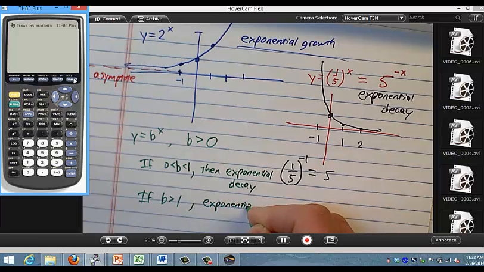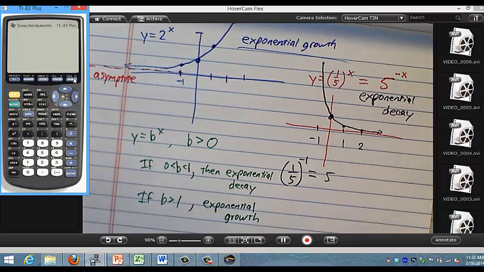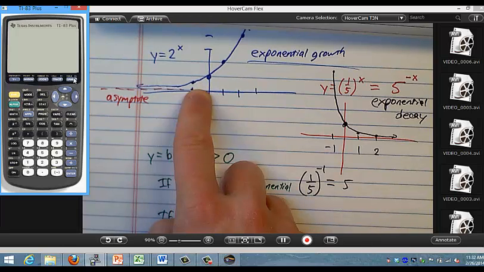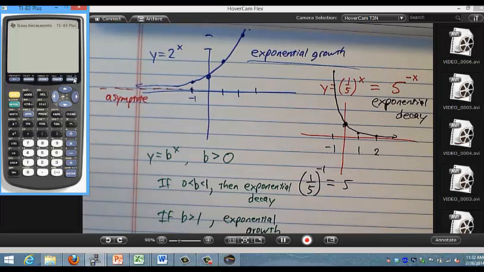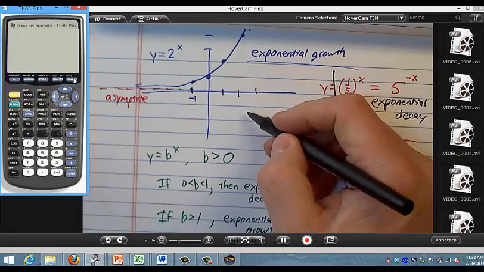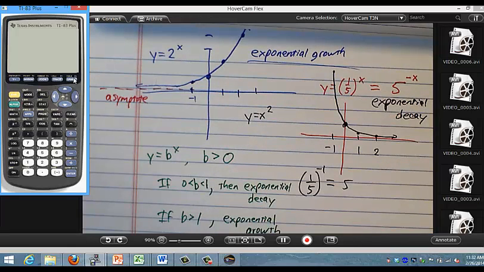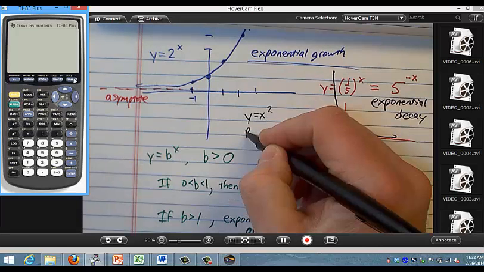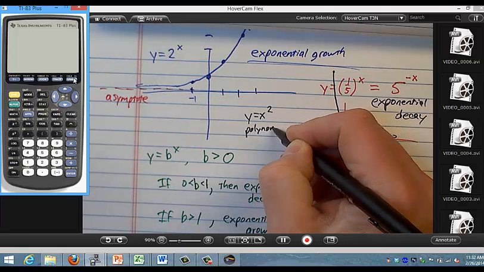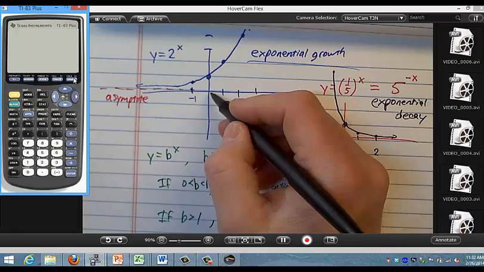But again, exponential growth is so much faster than, say, a polynomial, how it grows. There's no comparison. You know, I heard some people talking about, as I walked around, this function, y equals x squared. Is that an exponential function? No. This is an example of a polynomial. It goes through 0, 0, 1, 1.